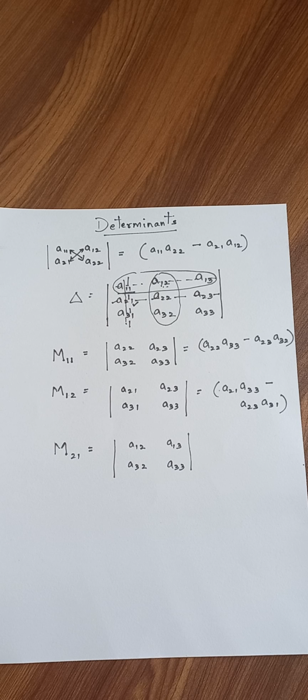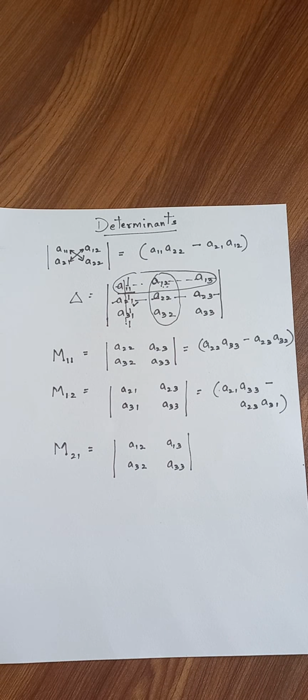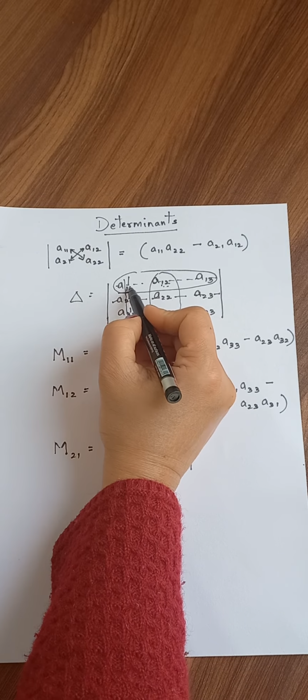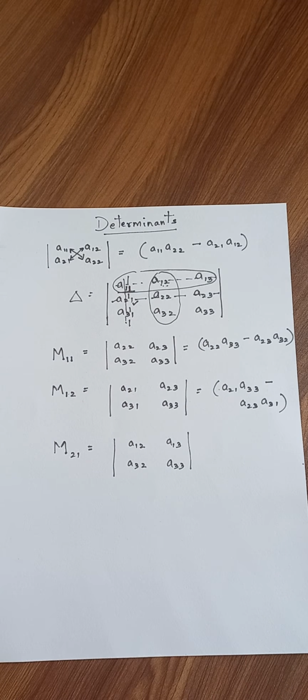We can obtain the minor of each and every element of this determinant. Just remember one thing: to find the minor of a11, you delete the first row and first column, whatever suffix it has been provided with, and all remaining elements give the minor of that element.